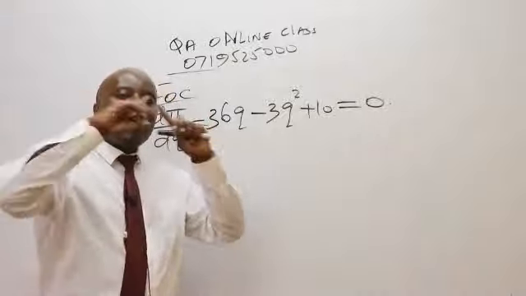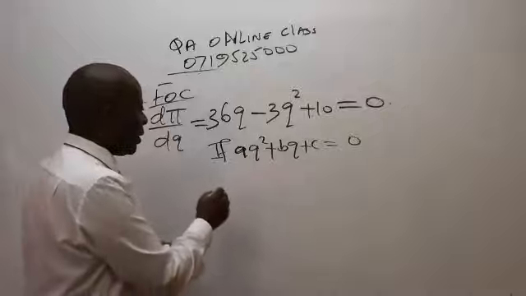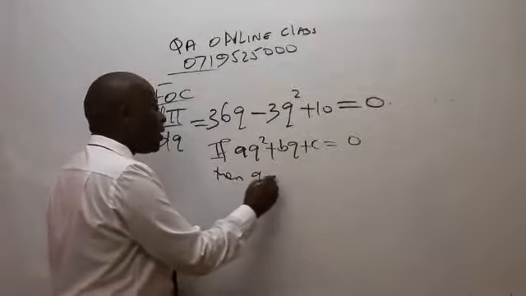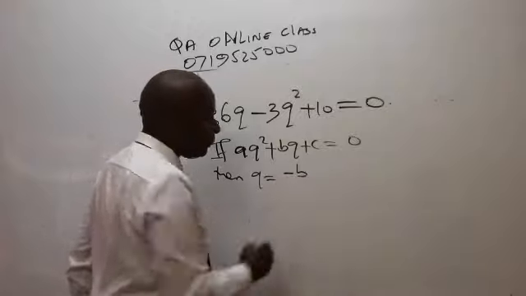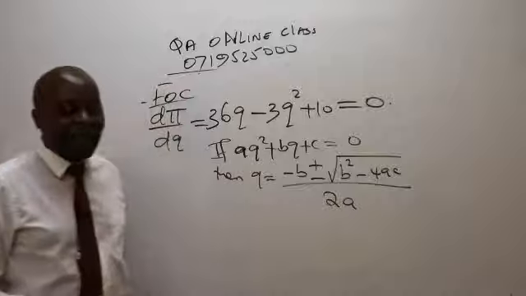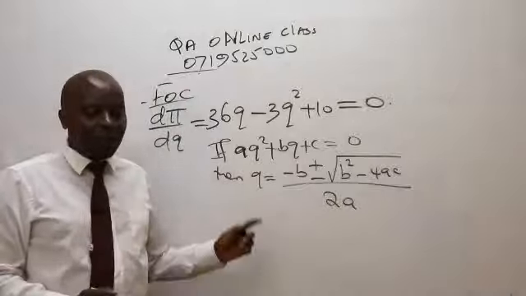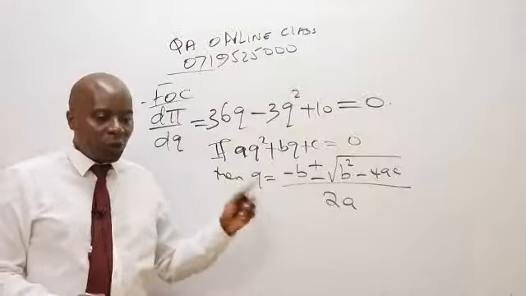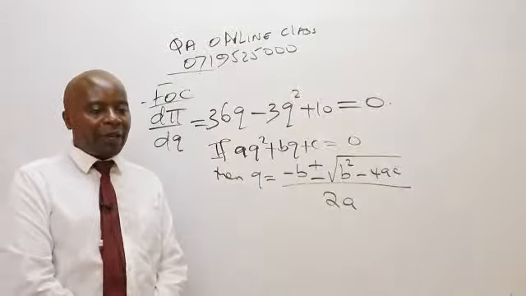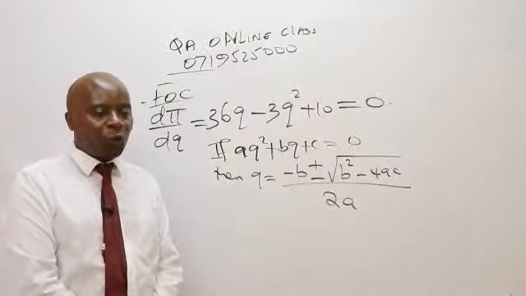If aq squared plus bq plus c equals 0, then q will be equal to minus b plus or minus the square root of b squared minus 4ac, everything to be divided by 2a. Very important: everything to be divided by 2a.